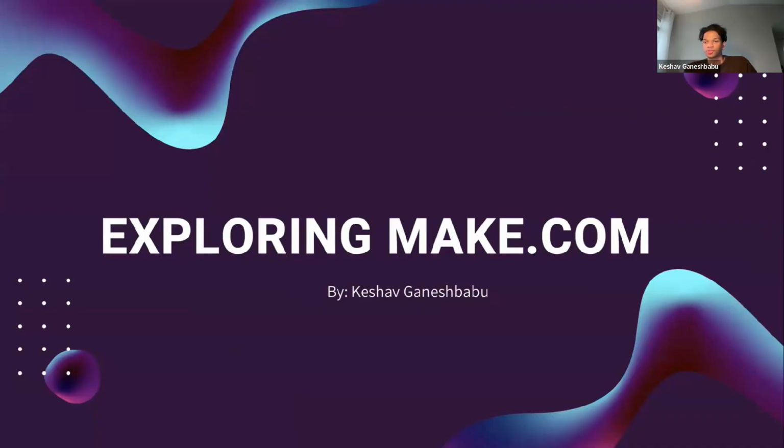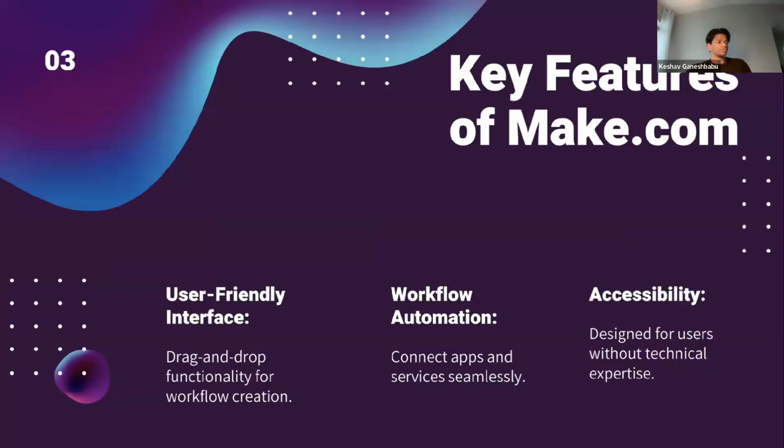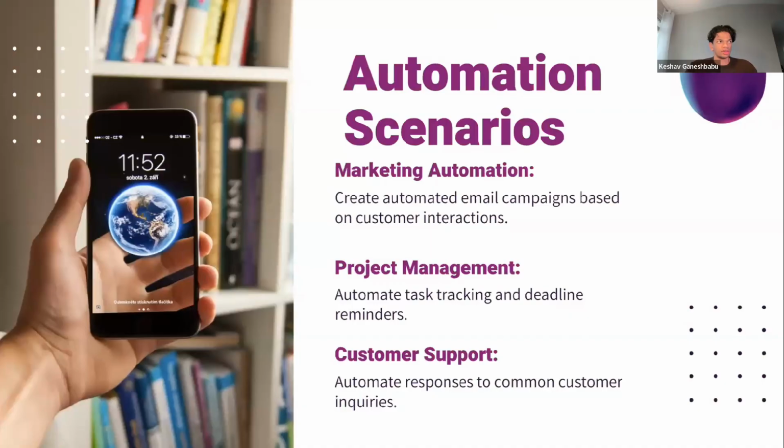I just want to go over the platform. It is a no-code automation platform. It empowers users to automate workflows without coding, and it improves your productivity and efficiency. The user-friendly interface is very good. I'm going to show you that soon. Workflow automation, we'll get to that as well.